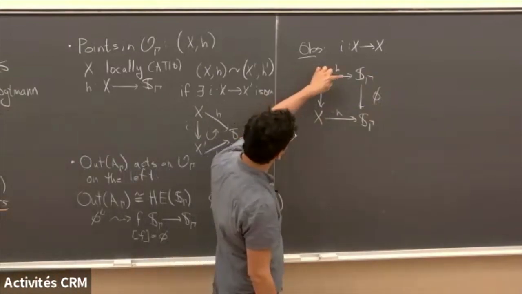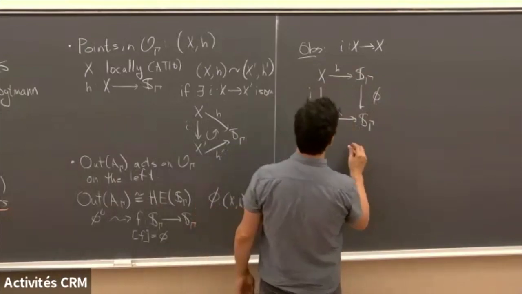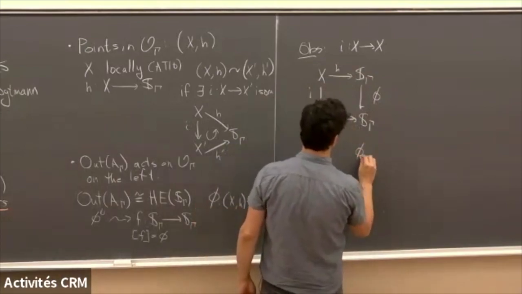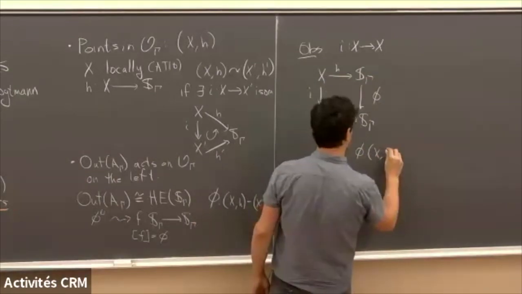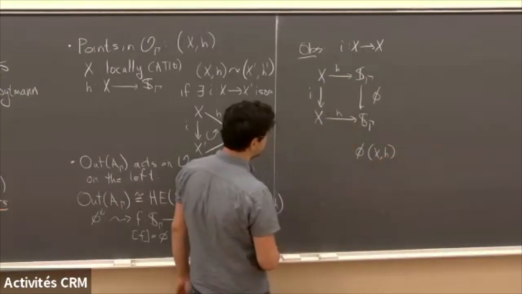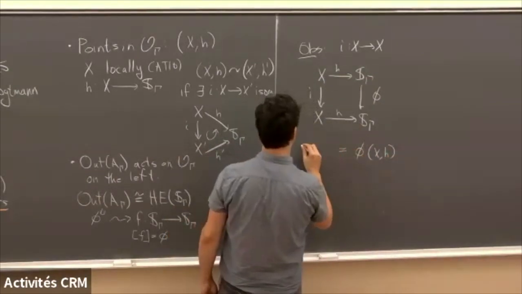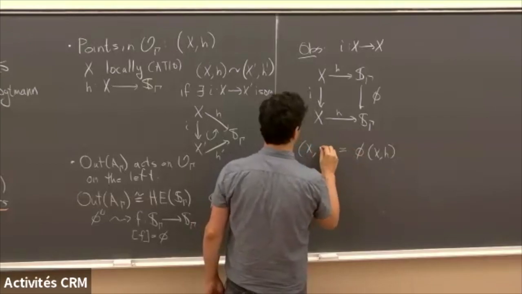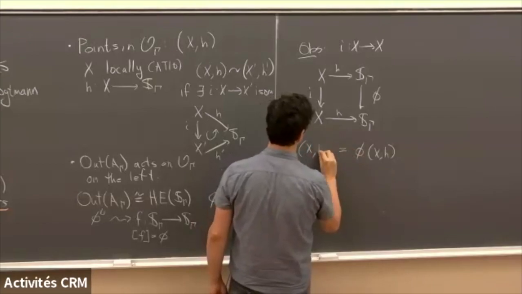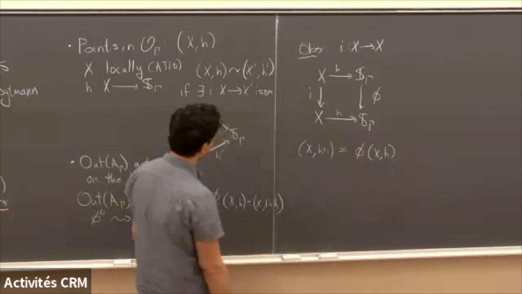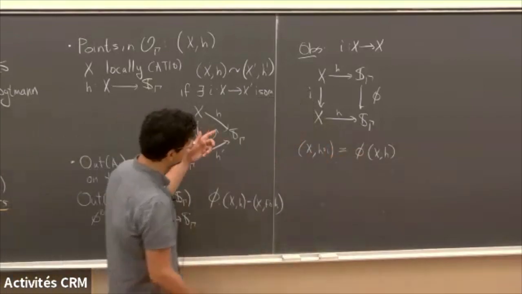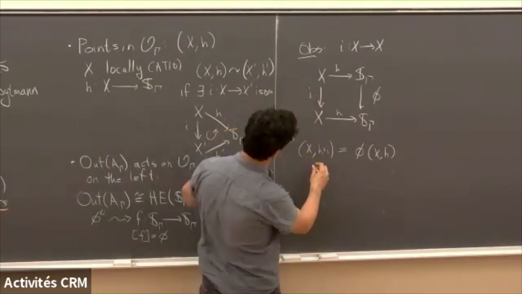And so if we go this way around the square, we see that we just have phi acting on (X, h), and this is equal to (X, h precomposed with i). But based on our equivalence, this differs from (X, h) just by an isometry.